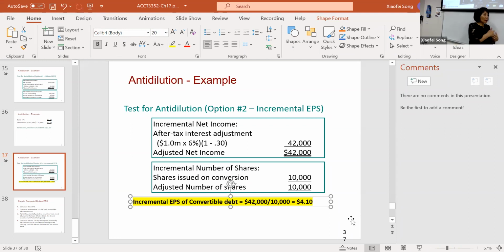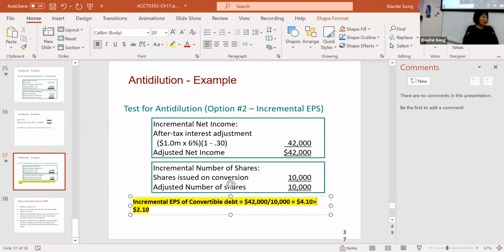So I do not need to add this to the earnings, and I do not need to add the shares to the number of common shares outstanding. I just look at the impact on the earnings and the impact on the number of shares. And if this is more than $2.10, which is the basic earnings per share, then we know it's anti-dilutive.